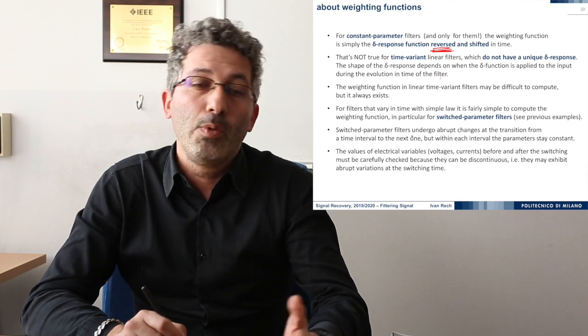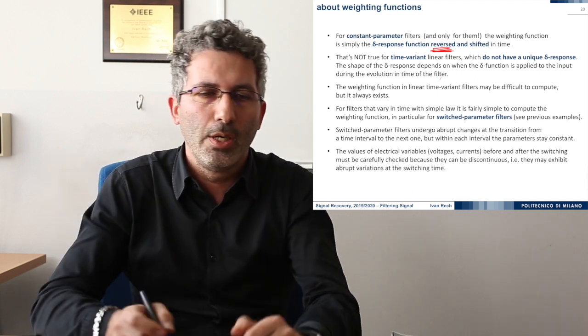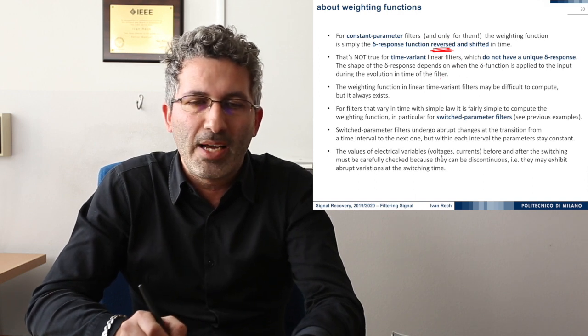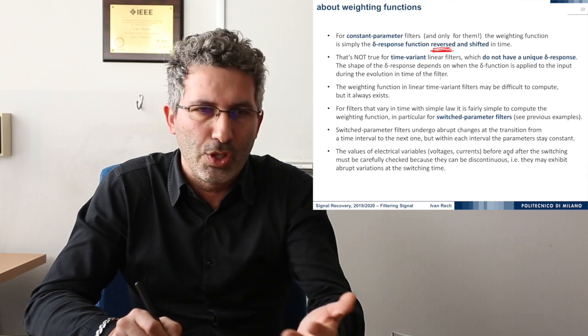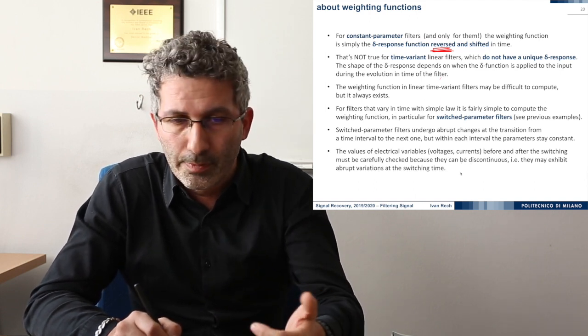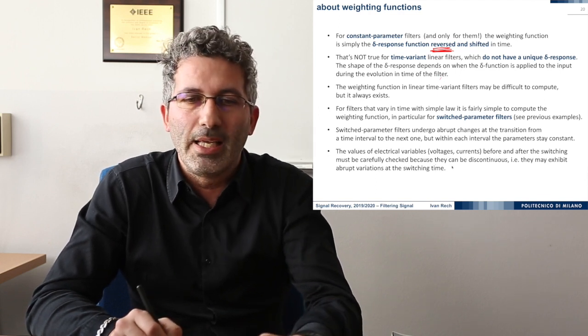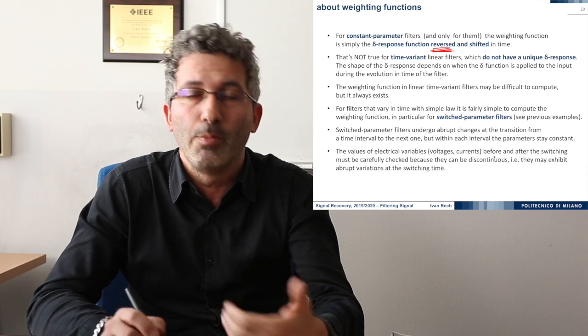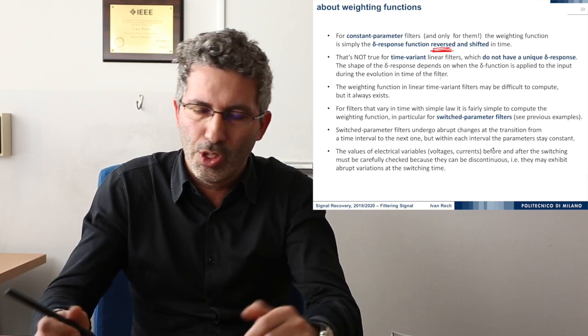We pay attention, when we open the switch and when we close the switch, to the value of the electrical variables, voltages and currents, before and after the switching. You have to check that they can be discontinuous, for example, because we open and close a switch in a very fast way.